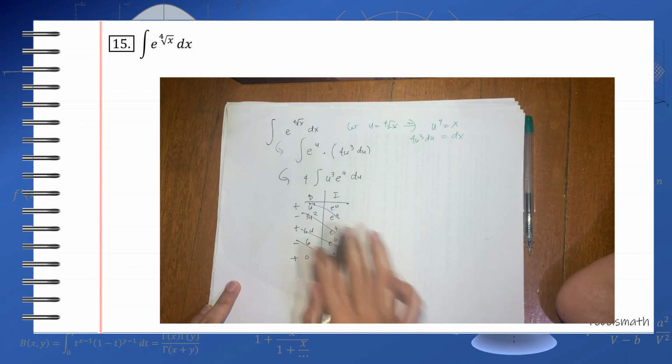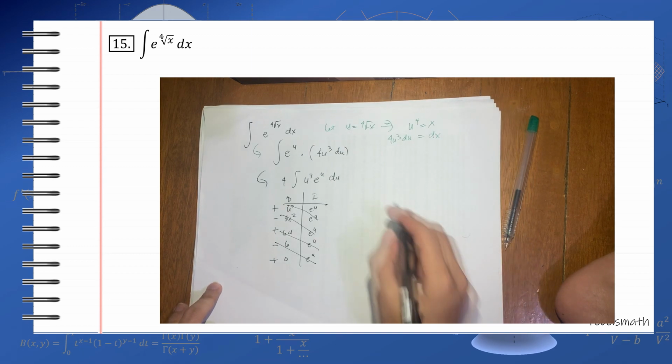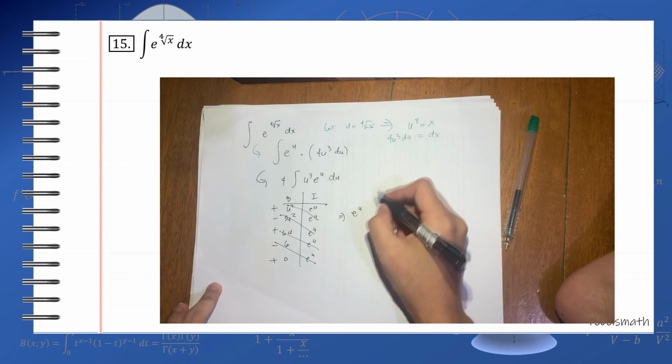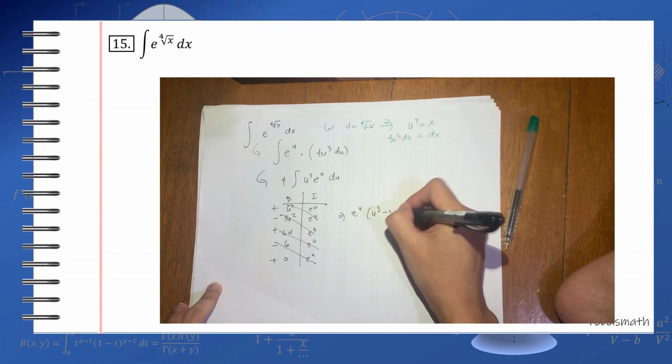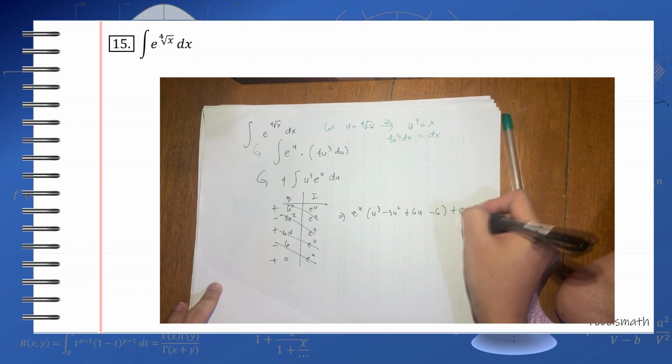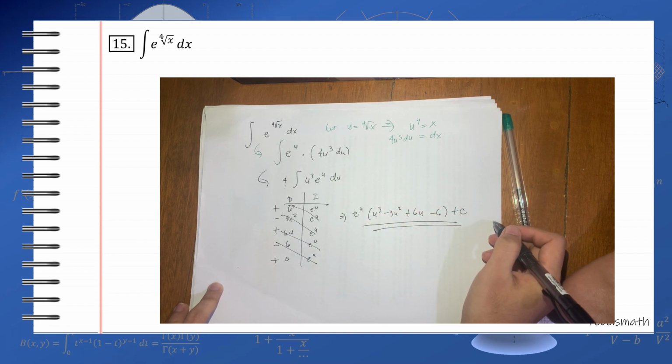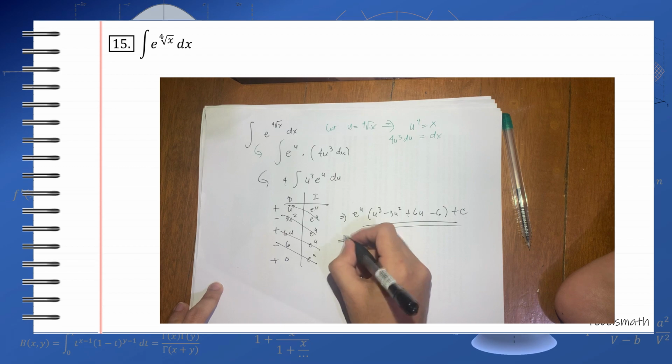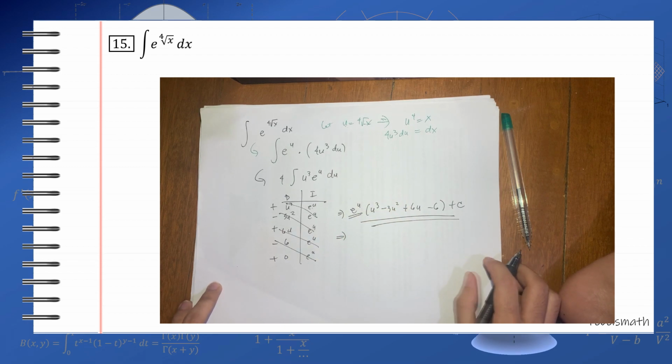Okay, so the answer to this one is e to the u times u cubed minus 3u squared plus 6u minus 6, plus c. Note that I just factored out e to the u.